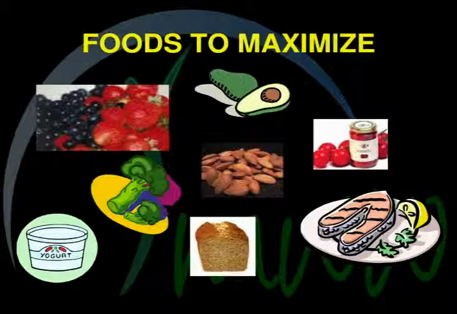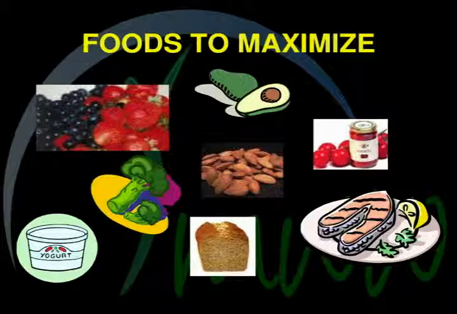Nuts and seeds are also filled with heart-protective fats and keep our appetites under control for longer periods than if we were to follow a very low-fat diet. Dairy products and other high-calcium foods may also aid with weight control and protect our bones as well as decrease risk of colon cancer.